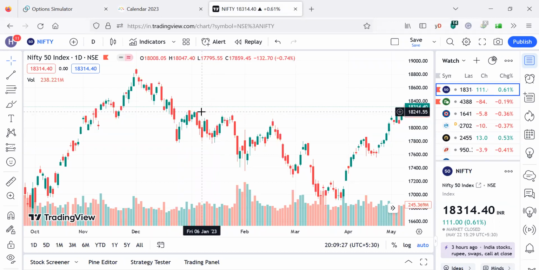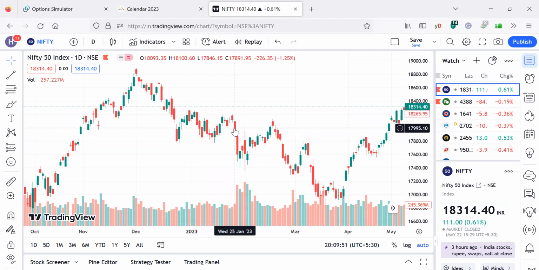We can see it was in a range of 18,200 to 17,800, so it is a move of only about 400. So easily we can get a profit in this month. If we create an iron fly, maybe there is hardly 1 or 2 adjustments, or even if we do not adjust, we can still end up in profit because there was no movement.